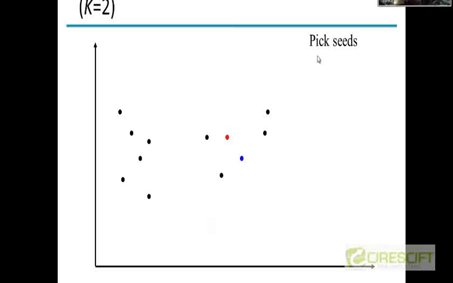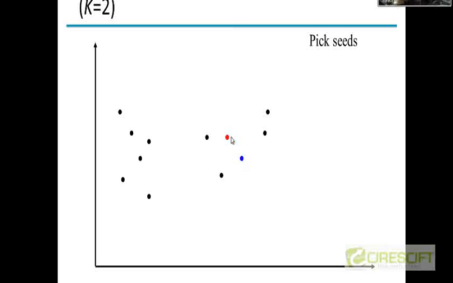Well, what we will do is start off by picking two seeds. For each of these k clusters, we will choose k documents out of the collection and treat each of them as a seed for one particular cluster. You can see that one of the documents is colored red and the other one is colored blue.